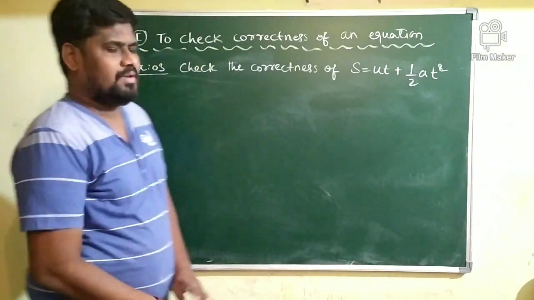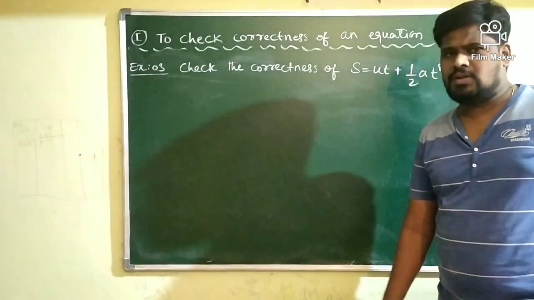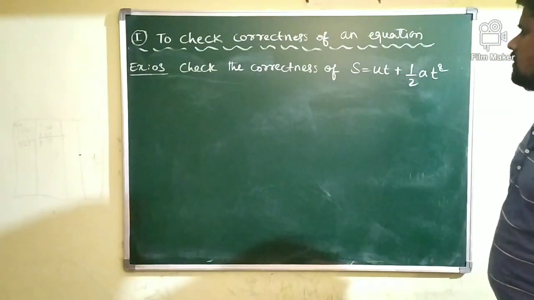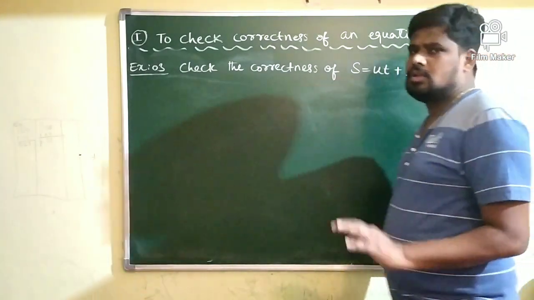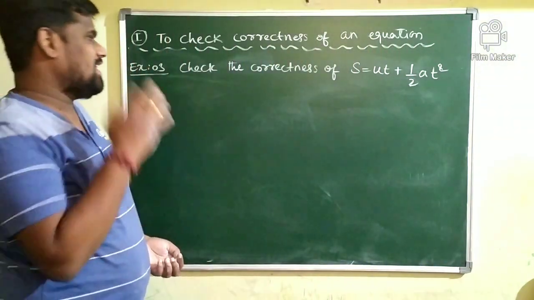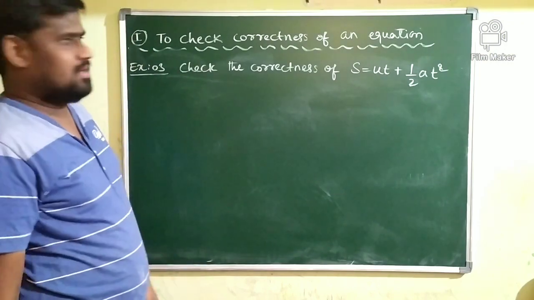You know very well, according to the principle of homogeneity, the given equation is said to be a correct equation provided all the terms in an equation have the same dimensions. What is the meaning of all the terms here?